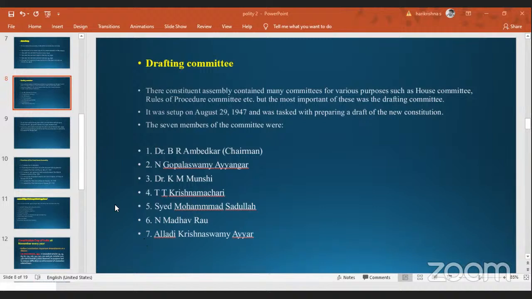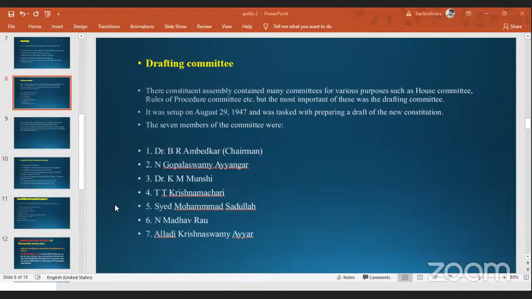The members were Dr. B.R. Ambedkar, who was the chairman of the drafting committee, then N. Gopalaswamy Iyengar, Dr. K.M. Munshi, T.T. Krishnamachari, Syed Mohammad Saadullah, N. Madhava Rau, and Alladi Krishnaswamy Iyer.